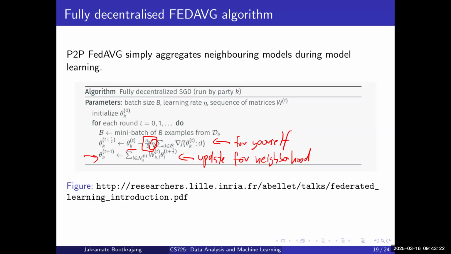You compute the weighted sum, right? You have the weights here, so this is your matrix, and then you try to combine the weights.